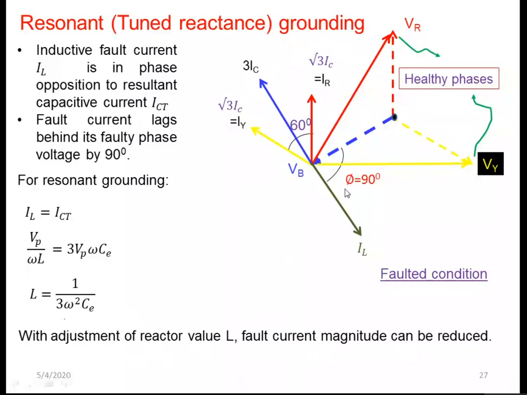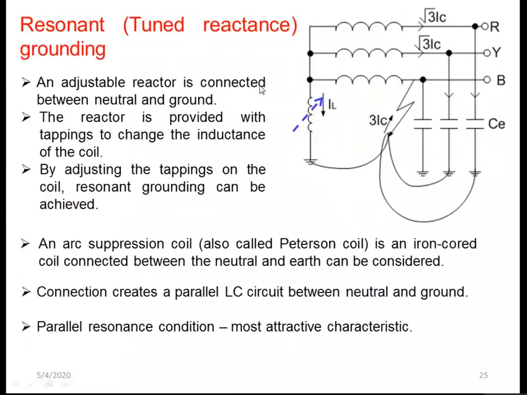In this case, this inductive current will completely cancel the resultant capacitive current, and that's why in this slide it is referred to as an arc suppression coil, right? Because it will completely suppress the capacitive current.